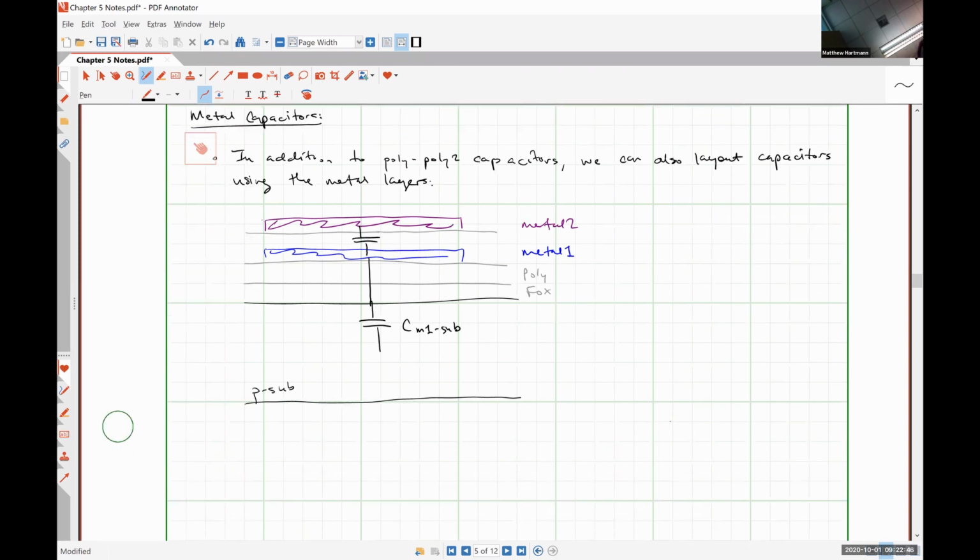So typically, metal capacitors exhibit much smaller capacitances than poly to poly 2 capacitors, since the spacing between the plates is significantly larger.